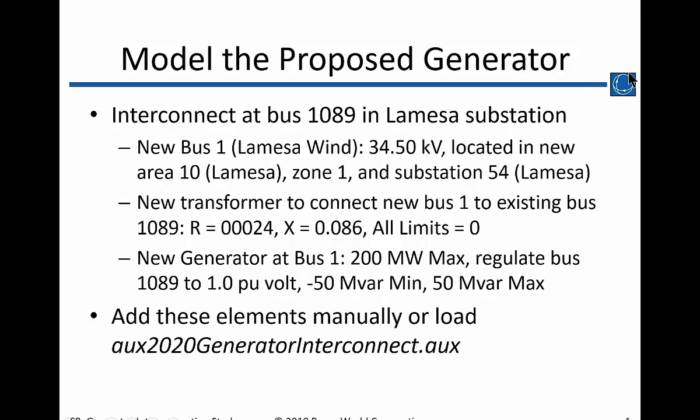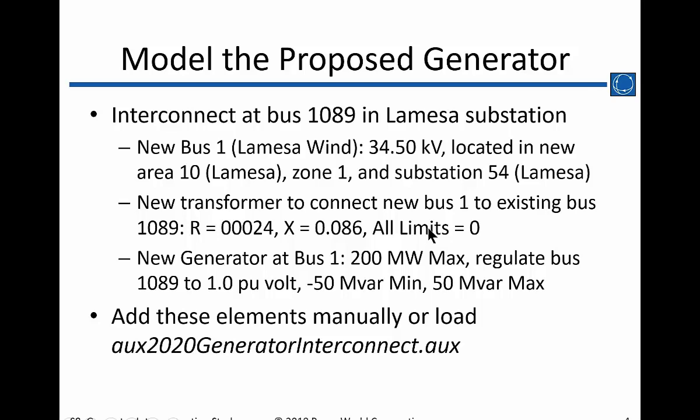We'll insert a transformer that connects the new bus 1 to the existing bus 1089 with these impedance parameters right here. And we'll just leave the limits at 0 because we're not really going to study whether or not we're violating a limit on a step-up transformer. We're not concerned with that.